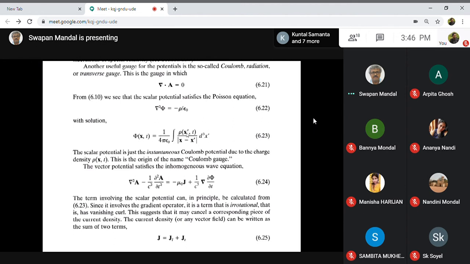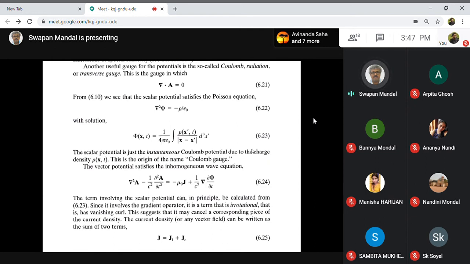So how do we interpret this scalar potential? Because you do not have any time dependence explicitly, how can you tell what the functional dependence on time will be? Rather, we call this potential the instantaneous Coulomb potential, because this is the Coulomb potential, but it is valid for all time, everywhere.